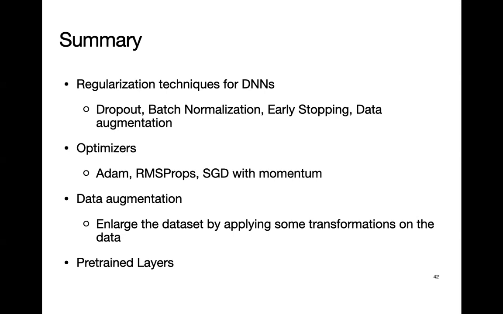Compared to normal stochastic gradient descent, some of them estimate a moving average of the weights in order to update them and avoid oscillation during the optimization. All of them help to speed up the training, and they work very well. And finally, we discussed pretrained layers, where you can save the weights of a model and use them later to speed up training, so you don't have to start from scratch, or for transfer learning from a model previously trained on a huge data set on your task.